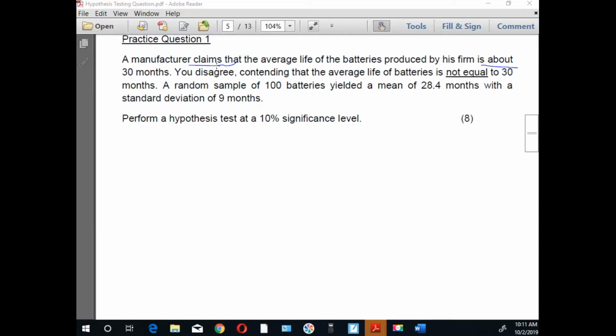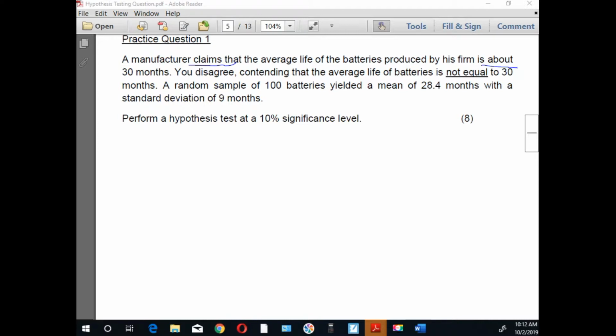Alright, so as you can see, we do not know the population standard deviation. So this is a straightforward unknown standard deviation case.